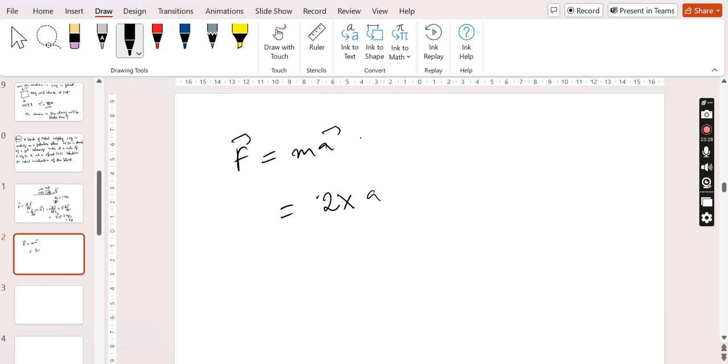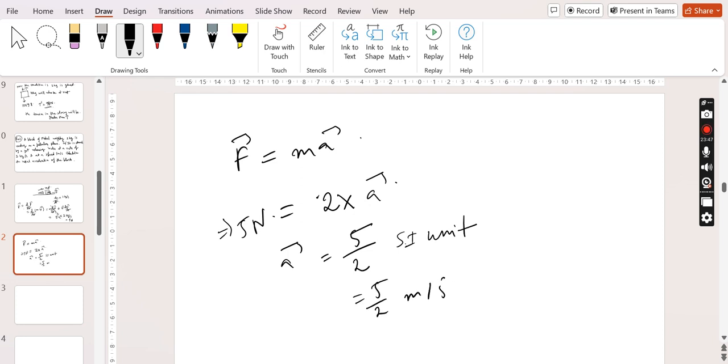So this is 2 kilo into A, and F we already got as 5 Newton. So A is 5 by 2 into SI unit, which is meter per second square. This is 2.5 meter per second square. This is the initial acceleration of the block.